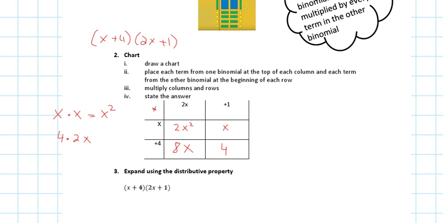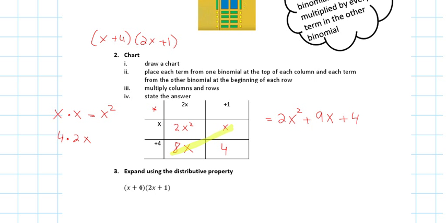Now, always we're going to have to look if we have like terms. Do I have any like terms? What are my like terms? 8x and x. So these are my like terms. Then I would write my solution as 2x squared plus, what's 8x plus 1x? 9x, plus 4. All I did for my last step is collect my like terms, because 8x plus 1x gives me 9x.